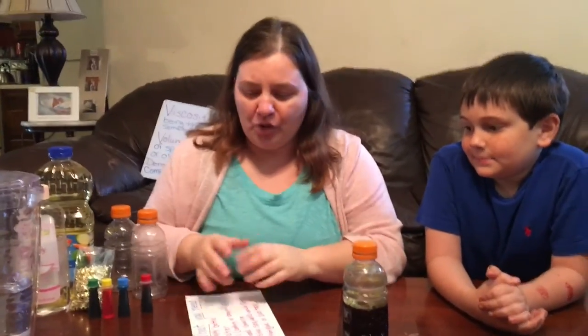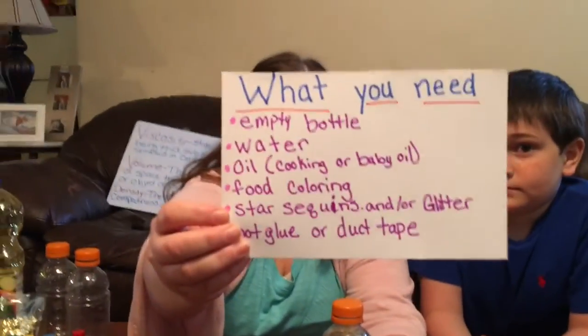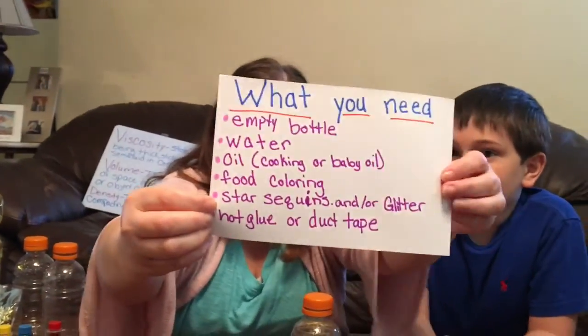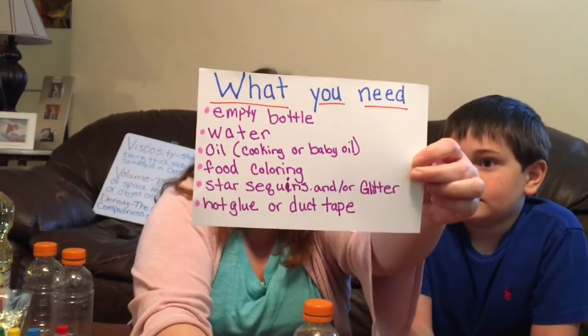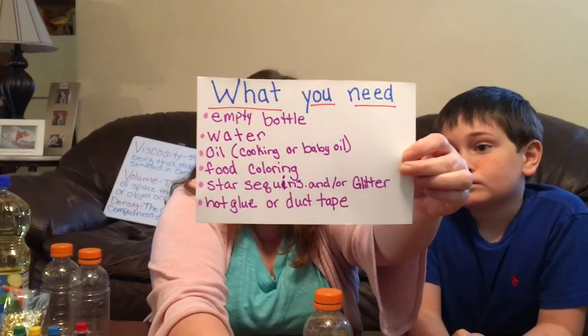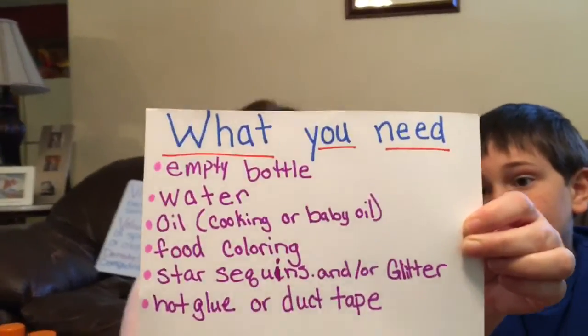So, to start out our STEAM activity, we're going to need the following items. We're going to need an empty bottle, some water, some oil, some food coloring, some star sequins and or glitter, and either hot glue or duct tape.